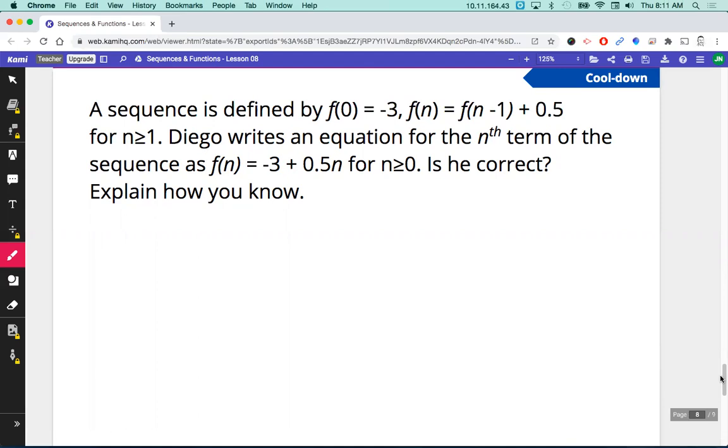Diego writes an equation for the nth term of the sequence as f of n equals -3 plus 0.5 times n, for n greater than or equal to 0. Is he correct? Well, let's identify: is this recursive definition arithmetic or geometric?